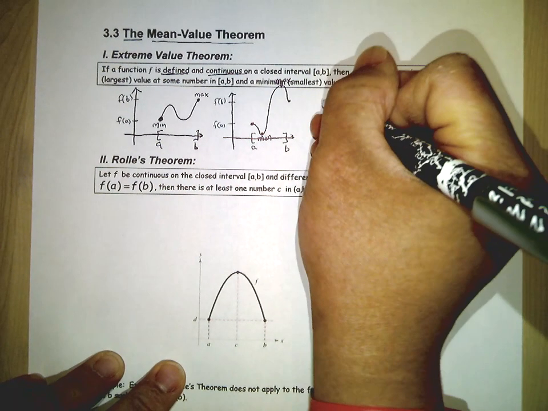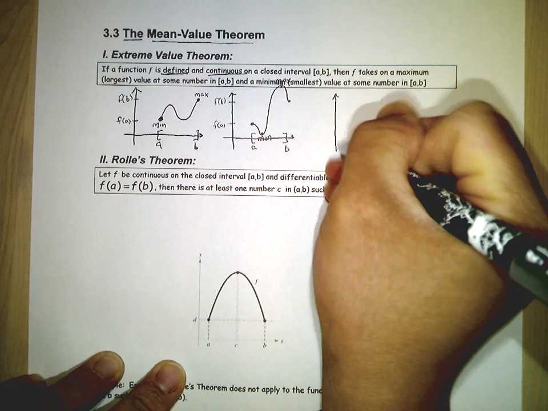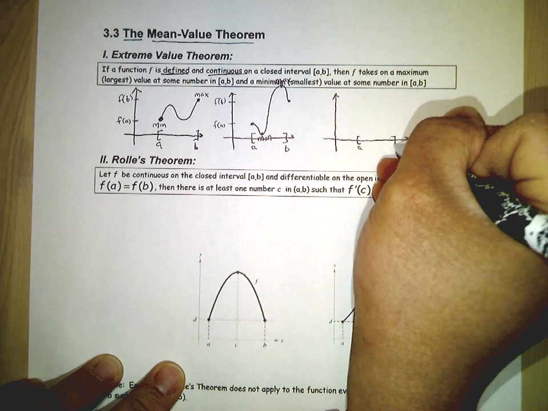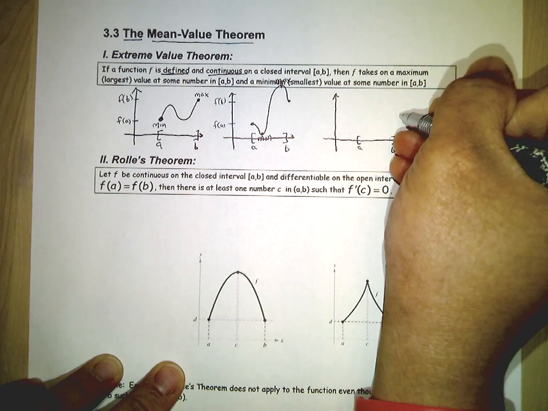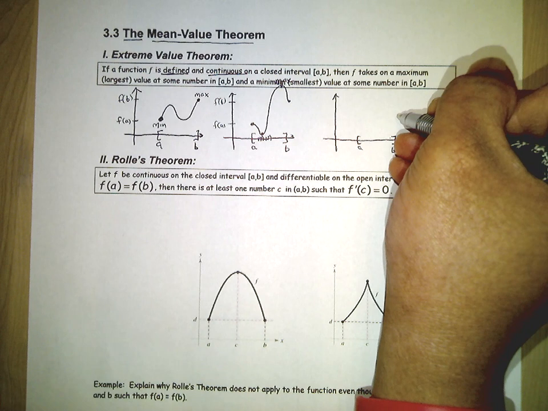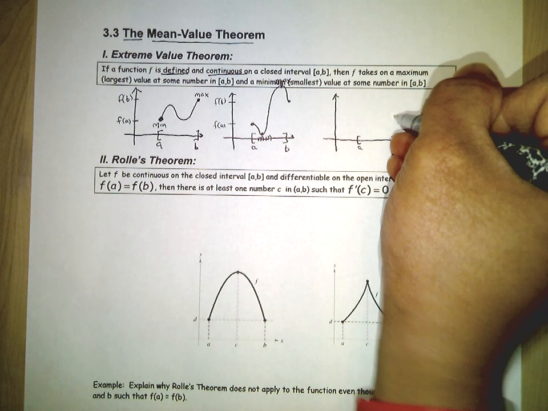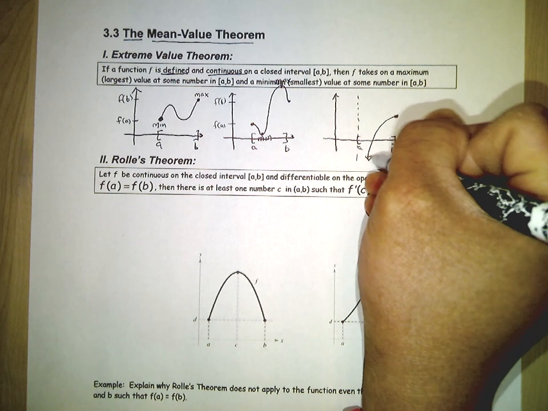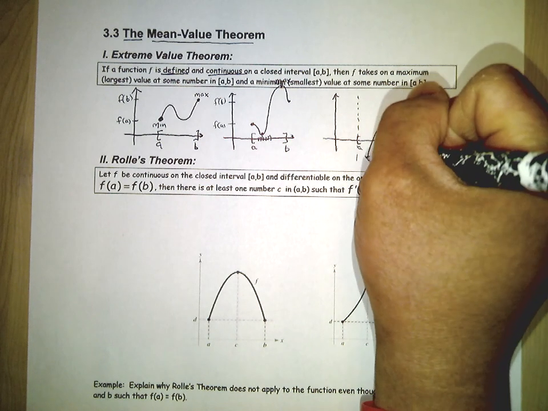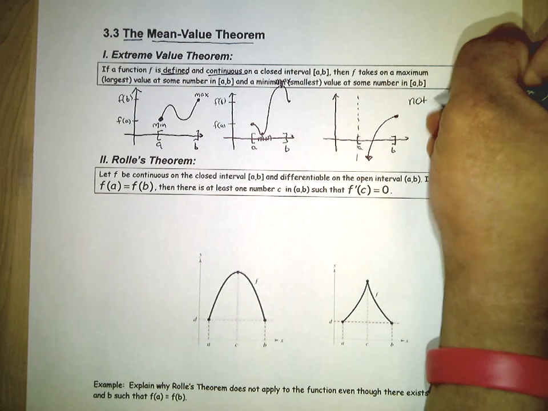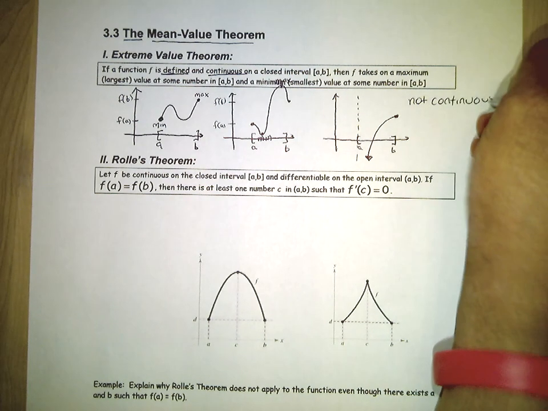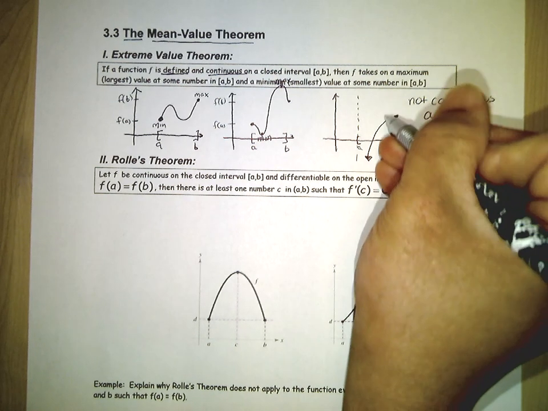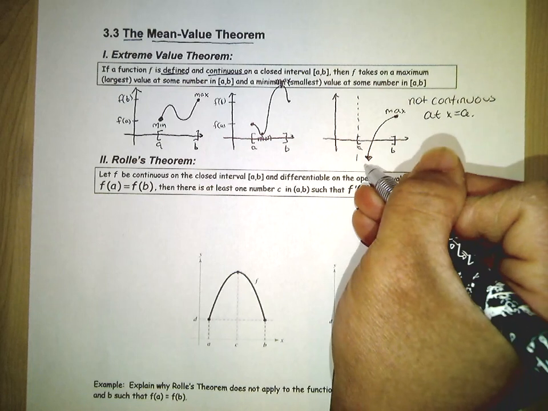Now, let's say, for example, you have something that looks like this, and here's A, here's B, but the function is defined at B, but there's, say, an asymptote at A, and then you can see here that the function is not continuous at x equals A, and therefore you see this had a maximum, but it didn't have a minimum.